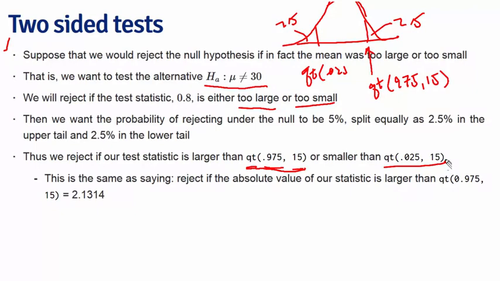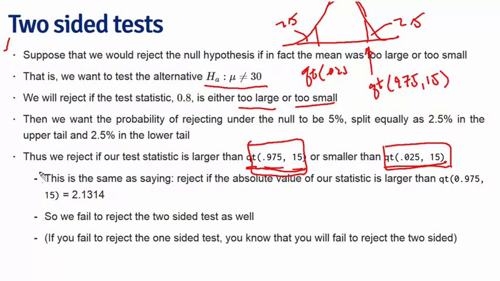So we're going to reject if our test statistic is larger than this point or smaller than this point. However, because the lower quantile is the negative of the positive quantile, we can always say that's the same thing as taking the absolute value of our test statistic and rejecting if it is too large. That point is made right here.